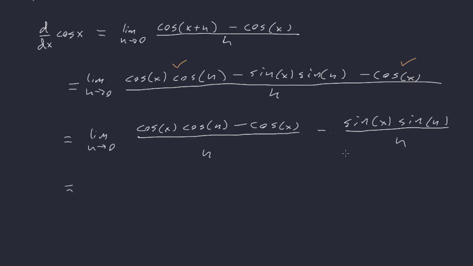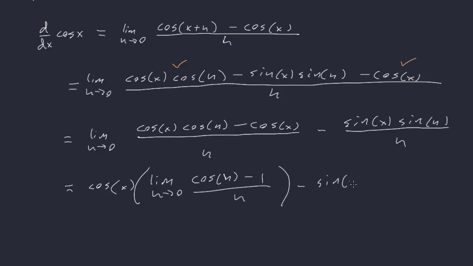All right, so this should hopefully look kind of familiar. We can take the cosine x out to get cosine of x times the limit as h goes to 0 of cosine of h minus 1 all over h. And here we can move that sine x outside and be left with the limit as h goes to 0 of sine of h all over h.